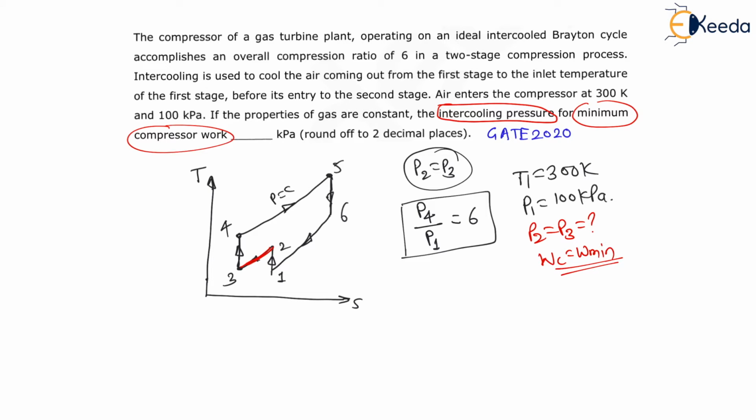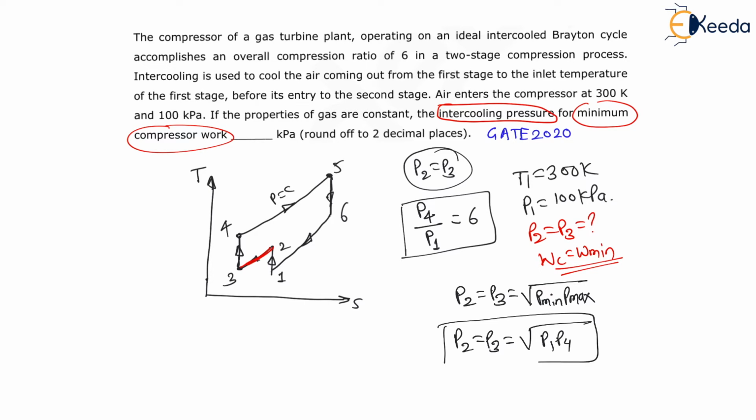Now my dear students, for minimum compression work, this intermediate pressure, that is P2 equal to P3, is the geometric mean of the minimum pressure and maximum pressure in the cycle, right? That you have already derived, we have also derived it in the Brayton cycle. Therefore P2 is equal to P3 is equal to the square root of P1 P4.